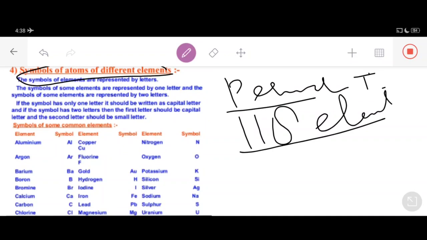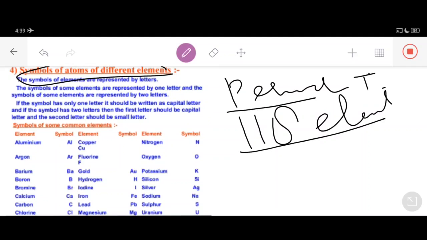The moment you introspect, every single element you see is represented by its particular symbol. Now the question arises, a layman will ask why there is a need to represent every single element by its respective symbol.